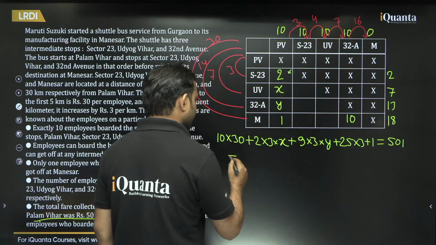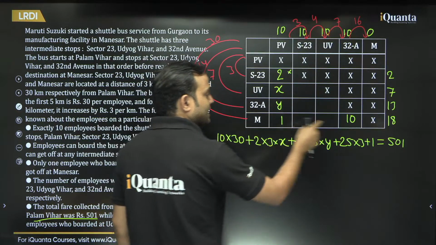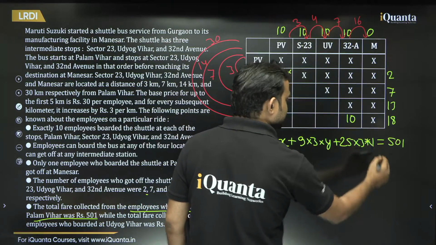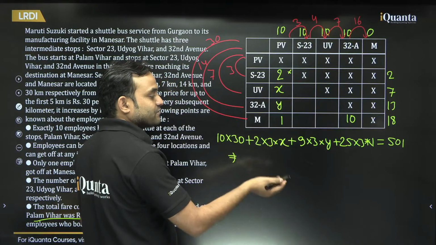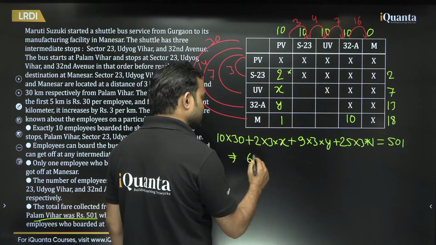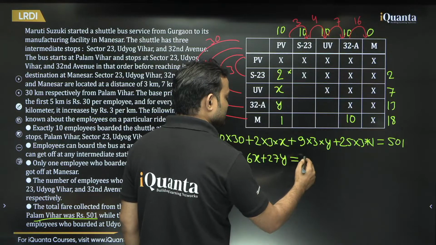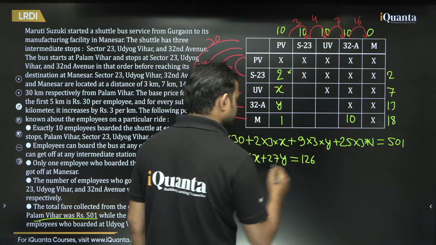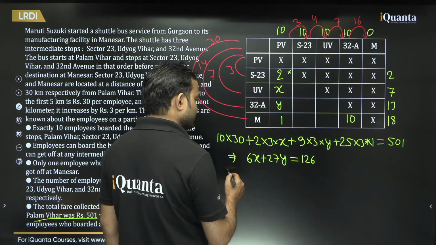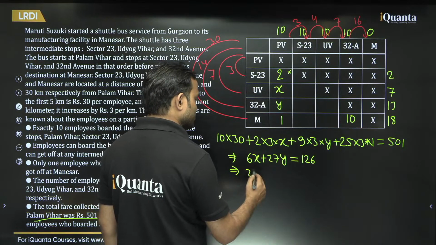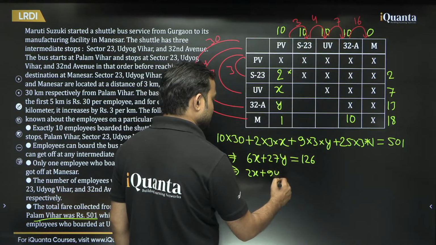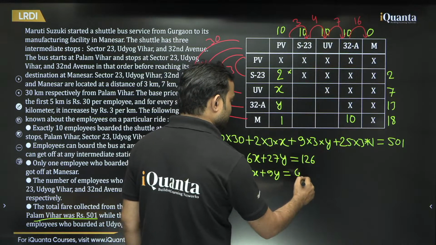From here we can say this is 300 and this is 75, this into 1. 375 subtract 126, this will become 6x plus 27y is equal to 126, or we can divide by 3 as well. We can say 2x plus 9y is equal to 42.